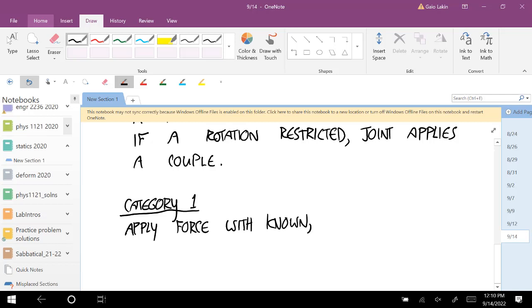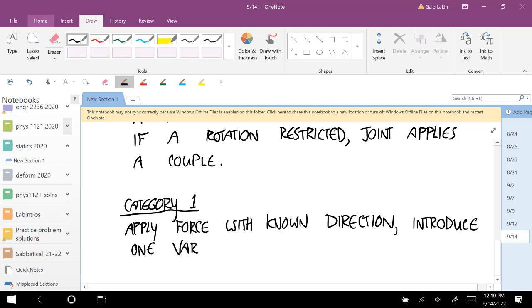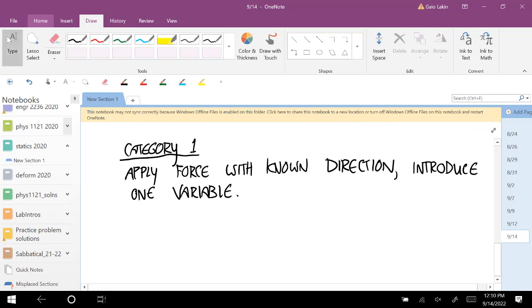And they introduce 1 variable into the equations. There are 2 of these.